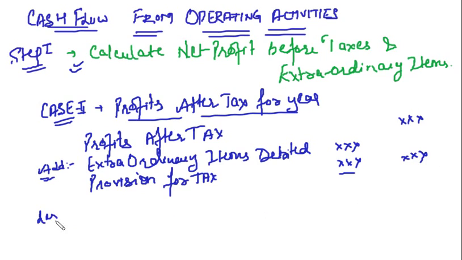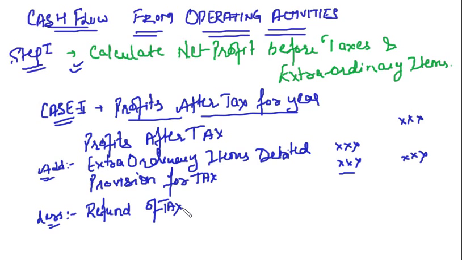What we have to subtract is, here provision for tax we have added. What we will subtract is if we get any refund of tax. Why do we subtract the refund of tax? Is it an operating activity?